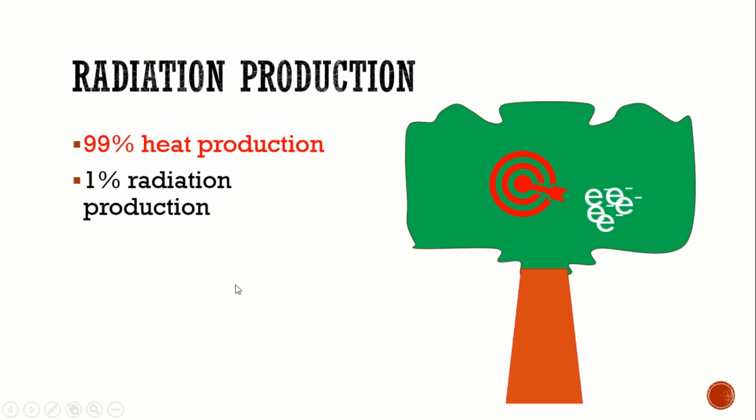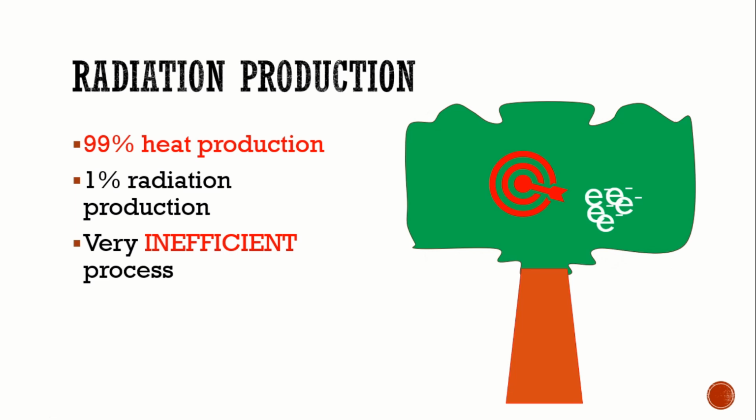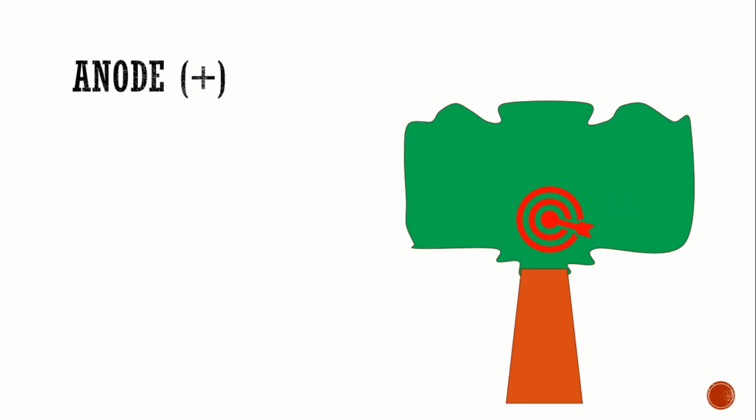This ratio of products during radiation production can be interpreted as a very inefficient process. So radiation production is a very inefficient process.